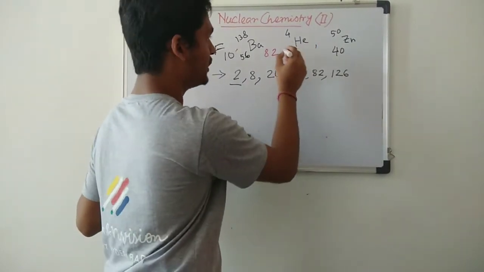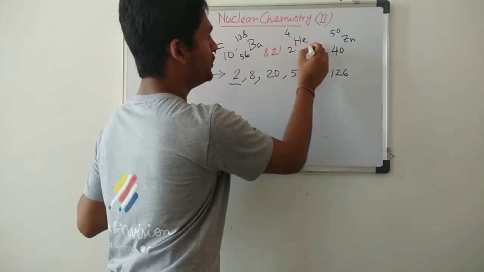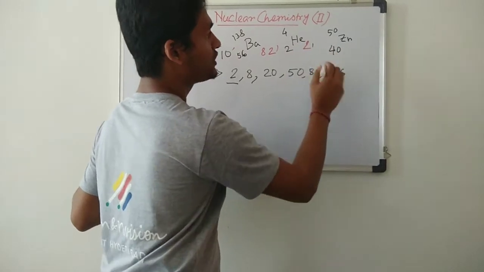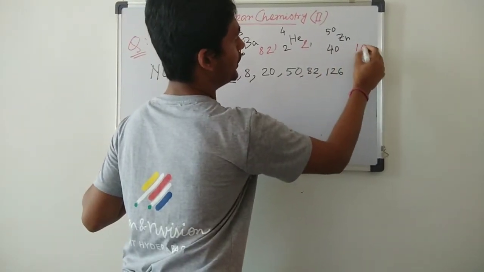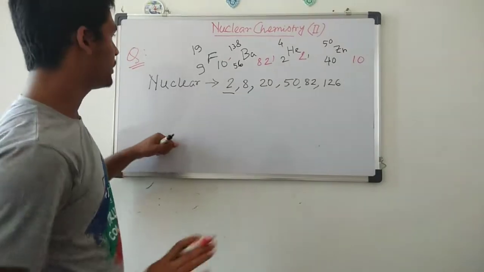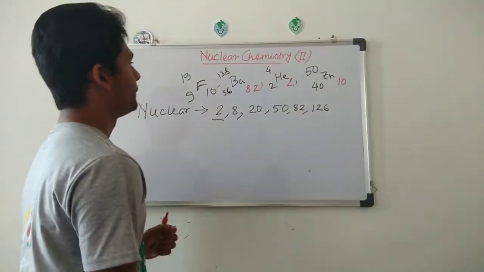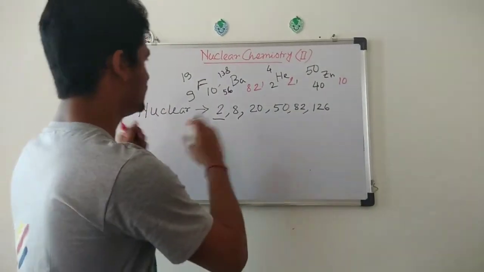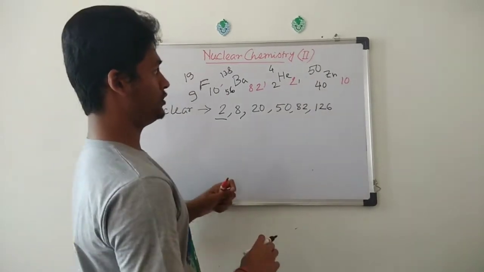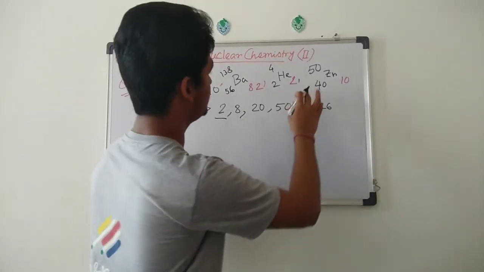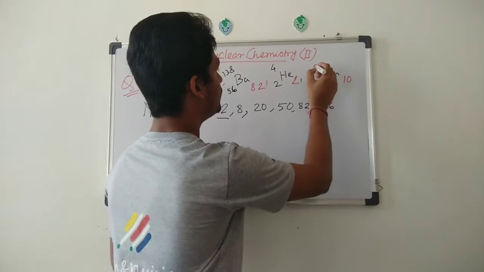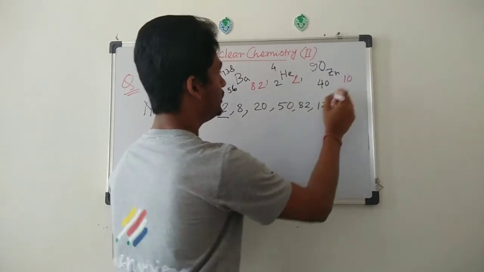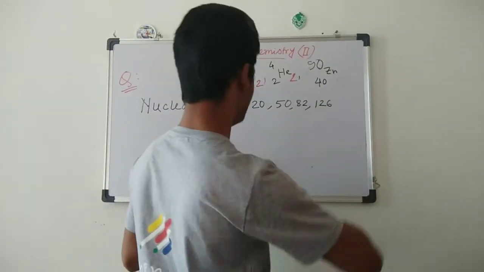Now for helium 2, 4, the neutron number will be 2, and in this other case it will be 10. Sorry, here is a mistake, it will not be 50. How can it be? It will be 90, so this will be again 50.